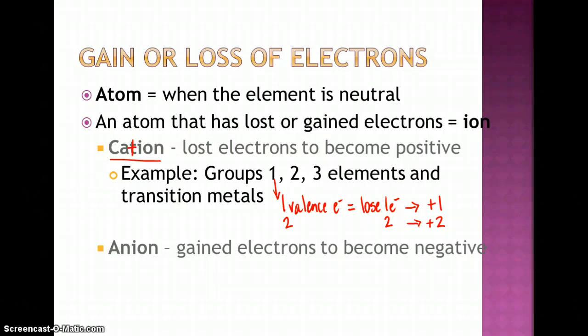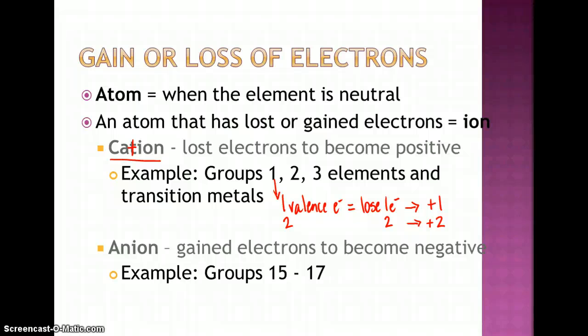The other type of ion we can form is called an anion. Anions are ones that gain electrons to become a negatively charged ion. Examples of negatively charged ions are going to be some of your nonmetals in groups 15 through 17.